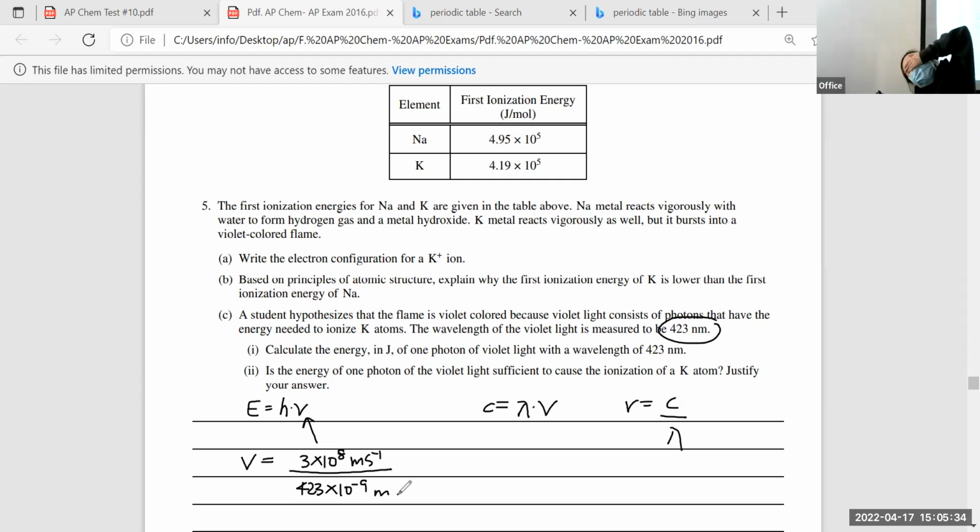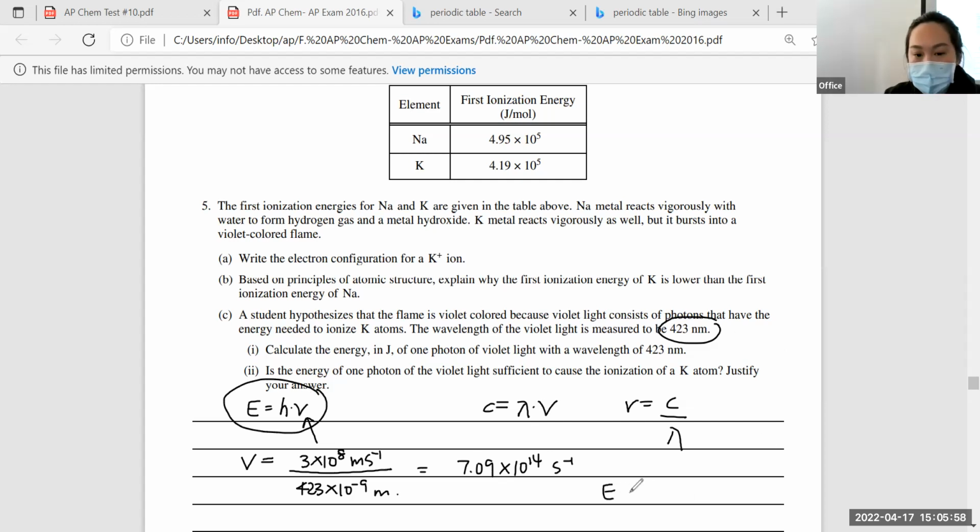Right. So frequency is speed of light divided by 423 times 10 to the negative 9 meters, which is our wavelength. So I should get 7.09 times 10 to the 14 inverse seconds. So I can just plug that into my energy equation, right?